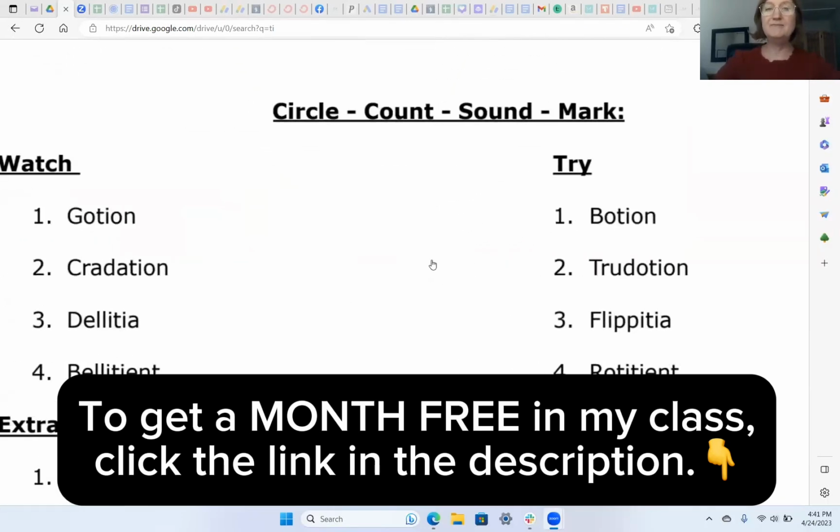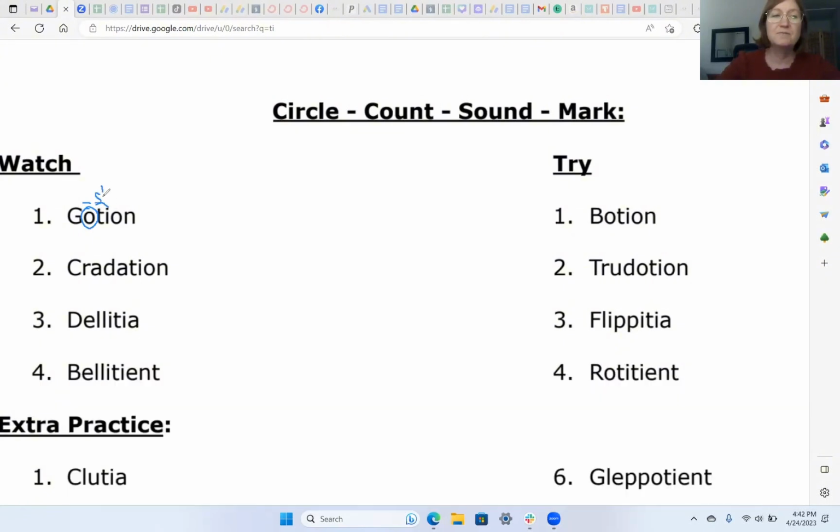Let's get marking. So I'm going to mark my vowels. Here is an O, and it's going to make its long sound because there is a vowel two doors down. This TI is going to say sh. O is going to make the schwa sound because it's coming almost to the end.